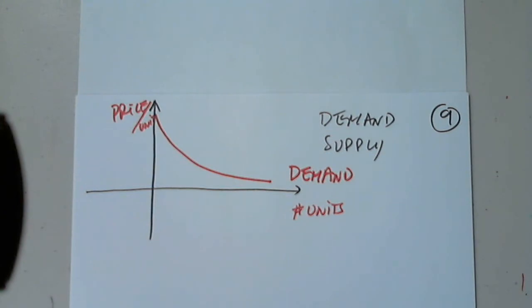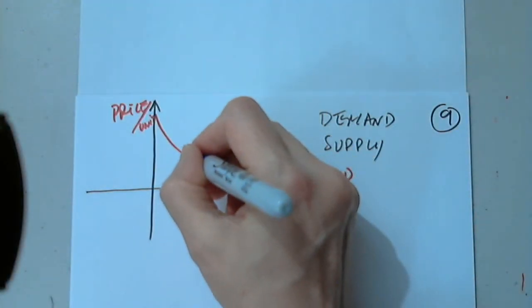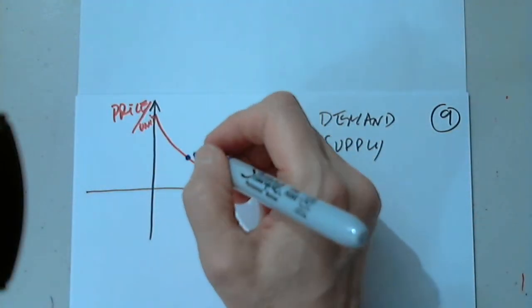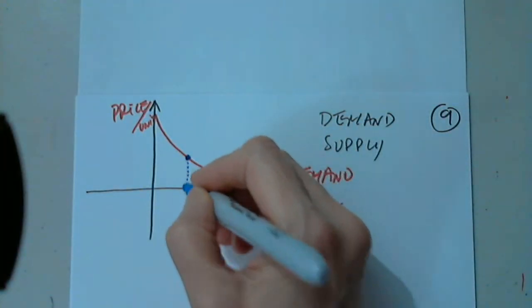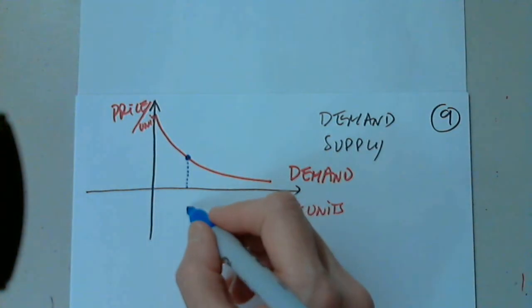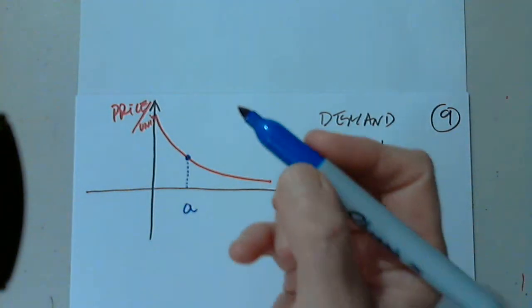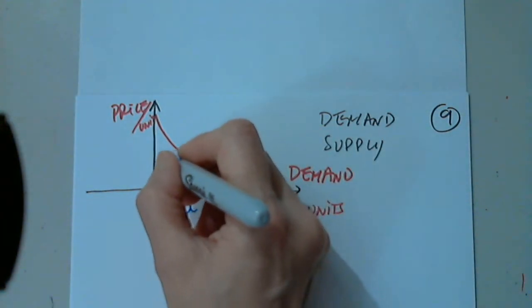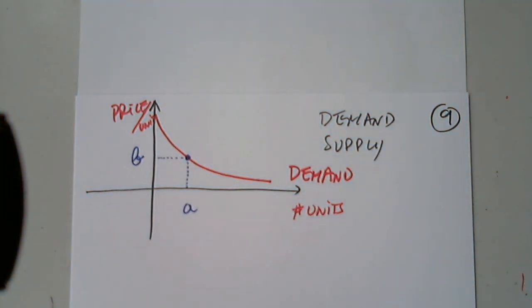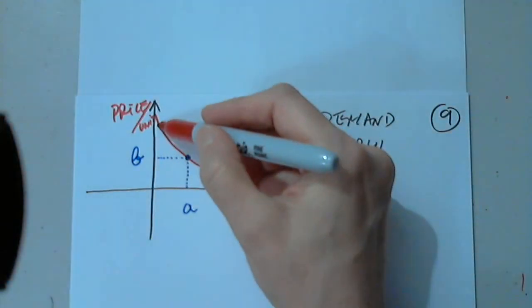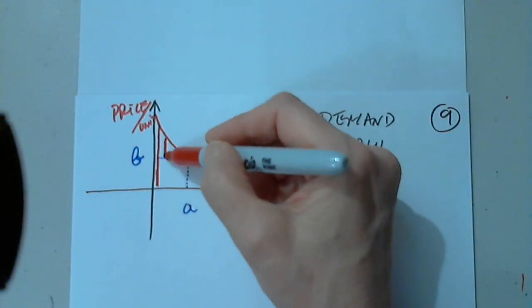Let's suppose we have a particular point. It could be the equilibrium point or any point. And here I have number of units. Let's call it A. And here is the price. Let's call it B. Okay, so is there a way of determining this area?